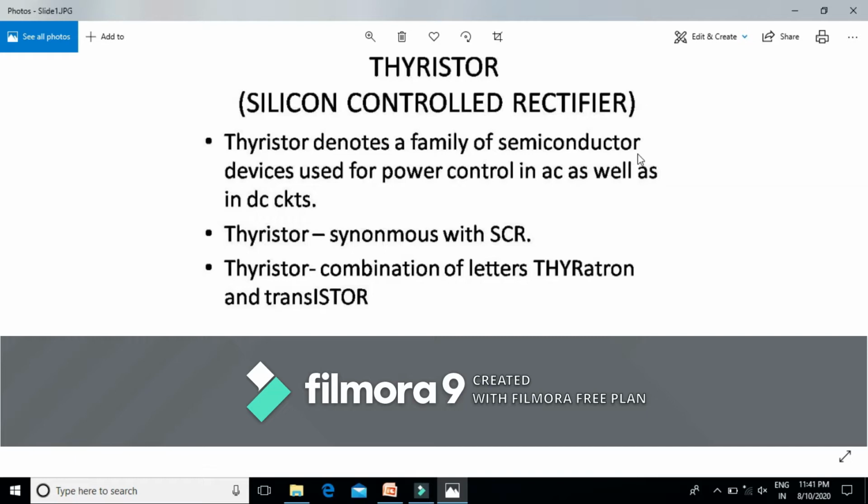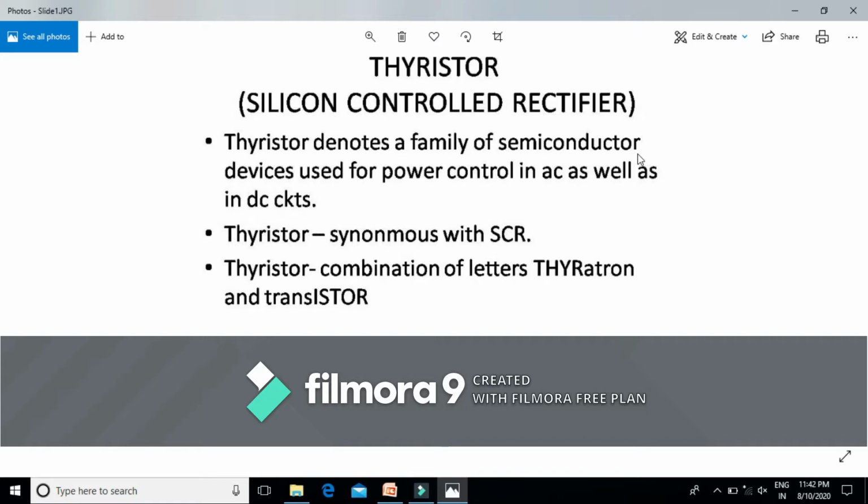These include triac, diac, silicon control switch, programmable unijunction transistor, GTO, and so on. This whole family of semiconductor devices was given the name thyristor.